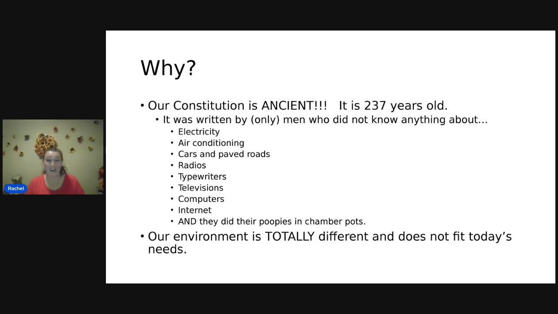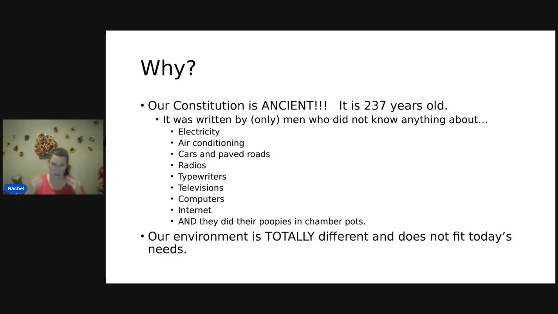Why? Our Constitution's ancient. There's only a handful of countries that have a constitution older than ours. It's 237 years old. And it was written by only men.